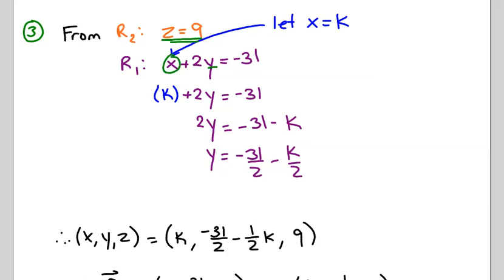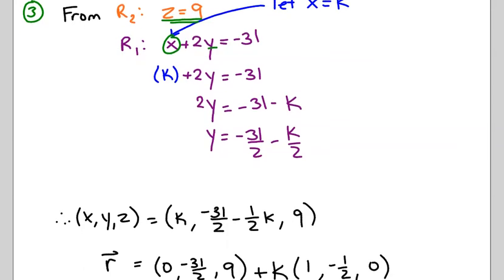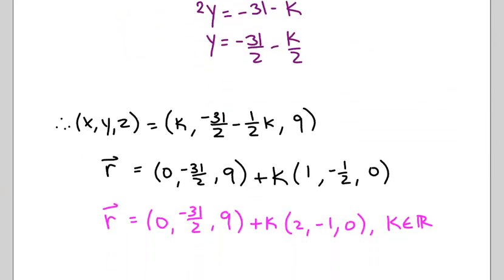So we could always put our parameter k or t, whatever, into x instead, and we would just do the exact same thing. We would just have a k as our parameter instead of the t. Now as a very quick reminder, here is our x, which you replaced with the k. Here is your y right here. And then you said that z equals 9, like you solved for it.